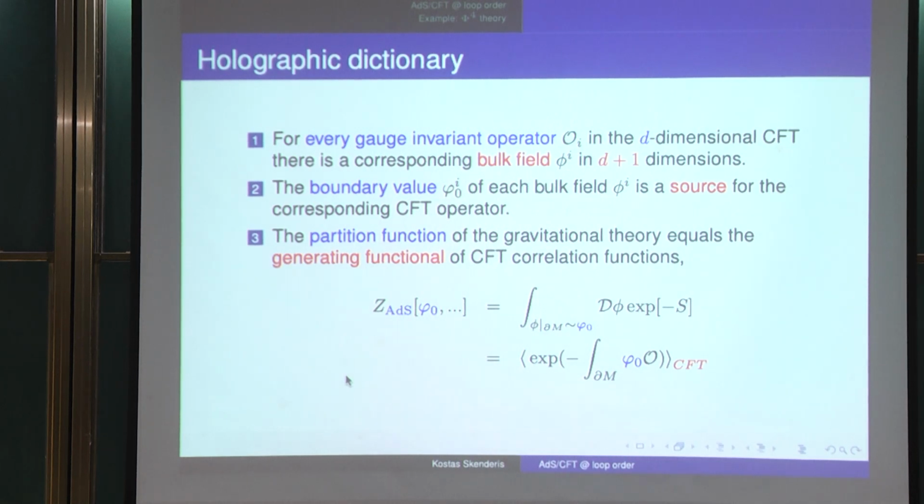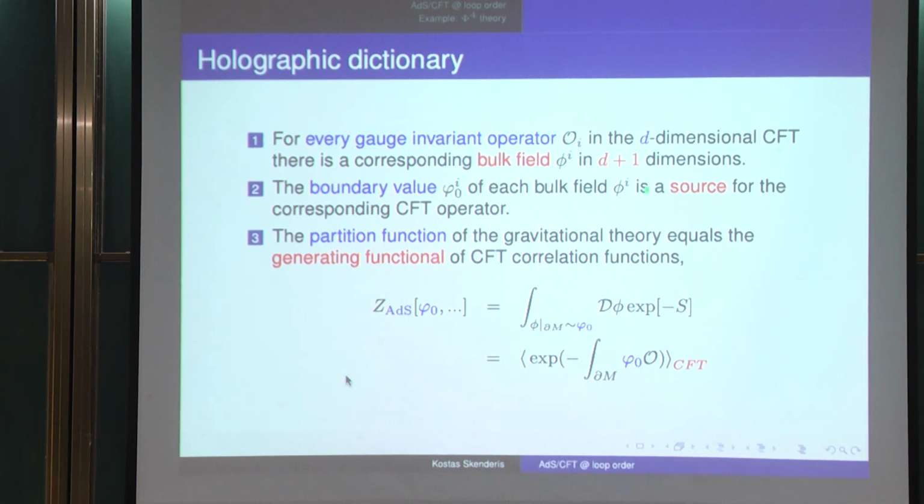People knew the spectrum of N=4 super Yang-Mills, and people also knew the Kaluza-Klein spectrum of AdS5 times S5. And it contains an infinite number of fields, so it's highly non-trivial that they do match each other. Okay, so now this is part 1. Now part 2 is we're going to make a little bit more precise what we mean with boundary conditions.